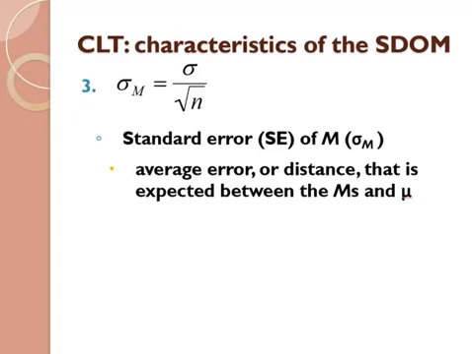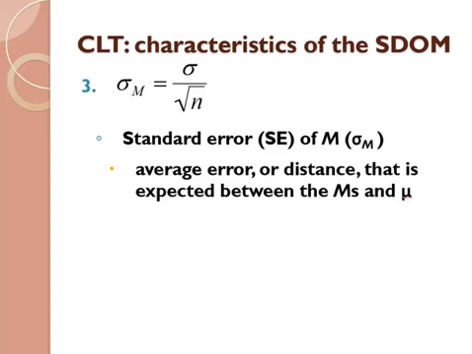And I'm talking about error that is expected simply due to chance. Once again, we're using samples to make predictions about populations, but we never expect a sample to perfectly represent a population. Now we're going to be able to calculate how much error to expect. This is going to give us an idea of how good or how accurate our predictions are.